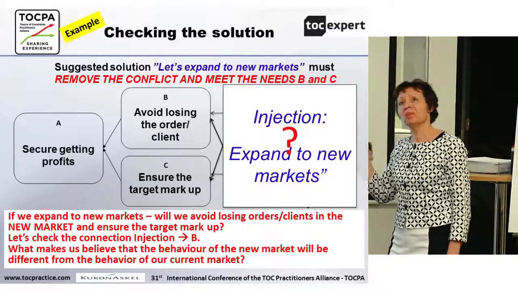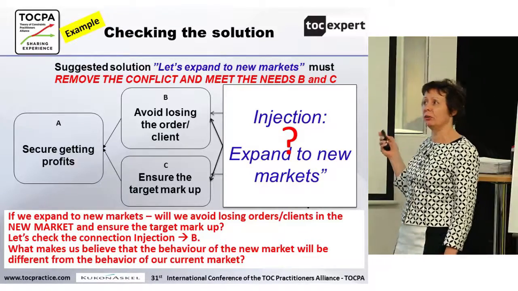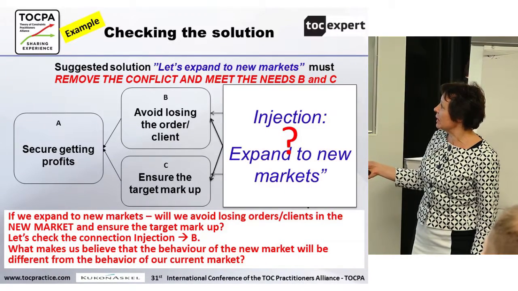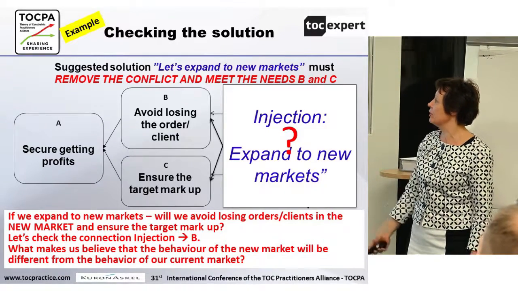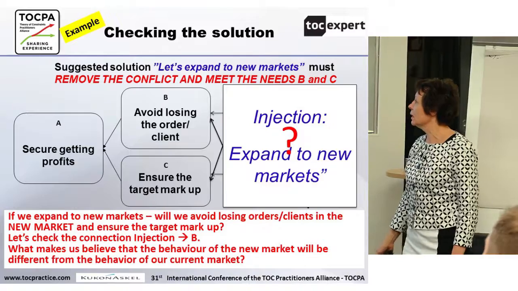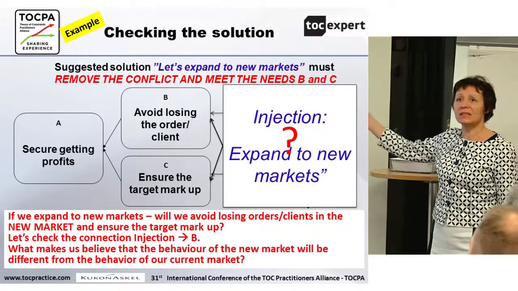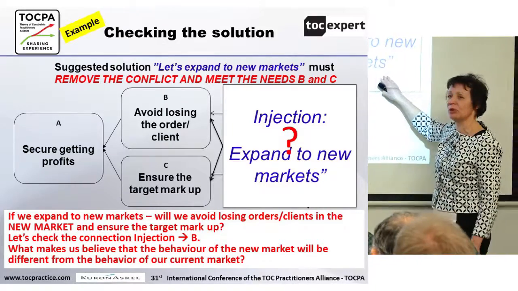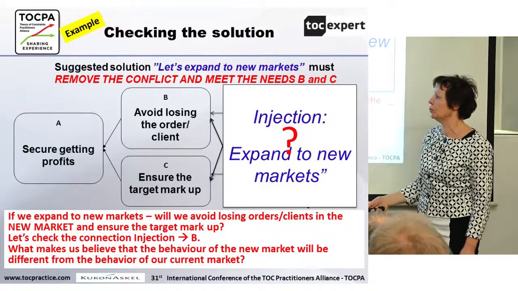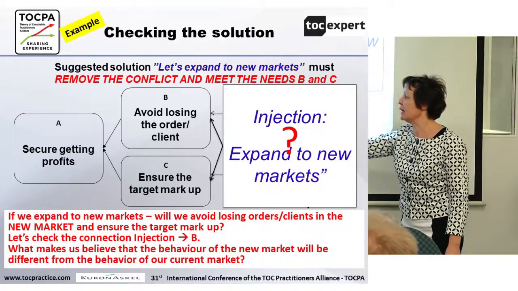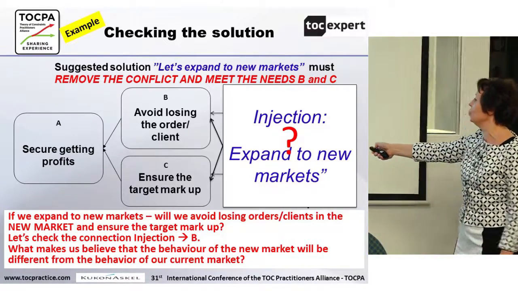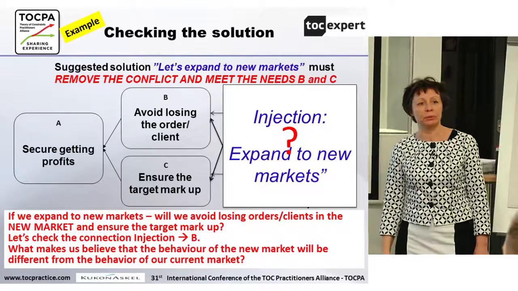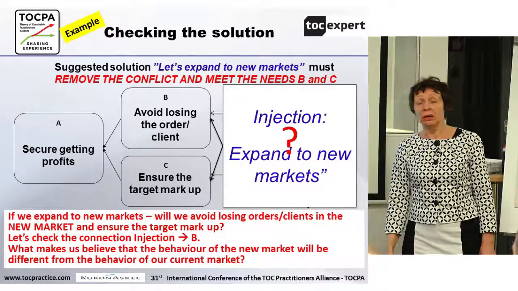And the major element that I wanted to say is that this must be substituted by injection, expand to new markets. But before we start doing this work and before we accept that expand to new markets is the solution, what we must do: if we expand to new markets, will we avoid losing orders, clients in the new market, and ensure the target markup? Do we check that?